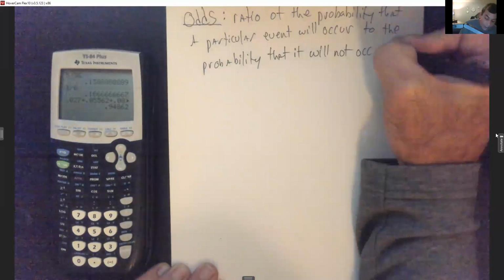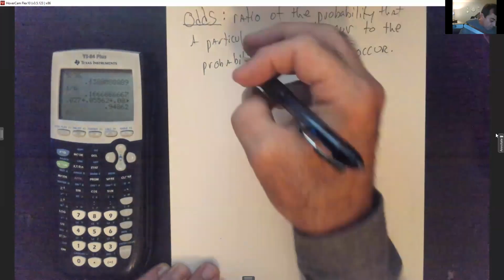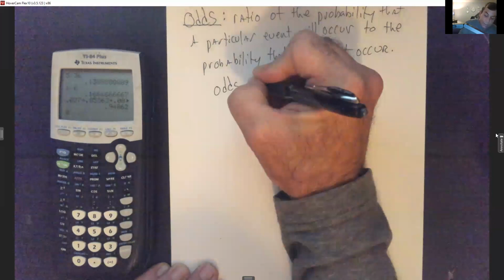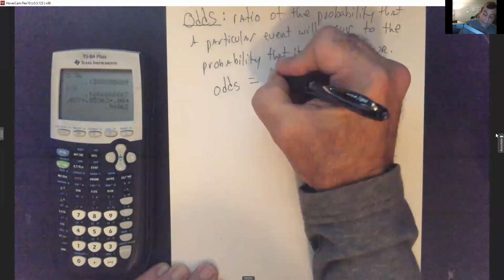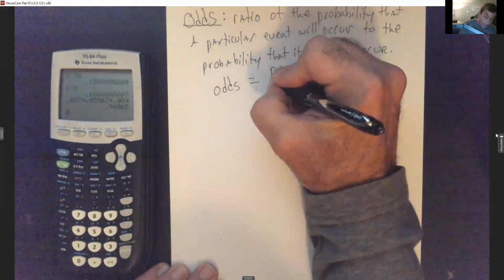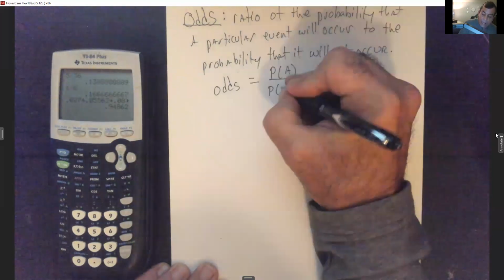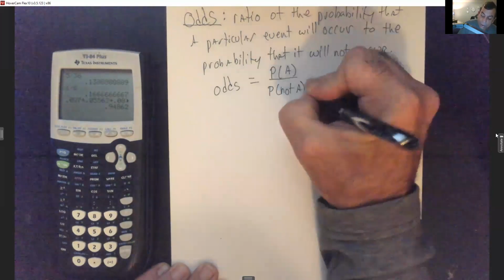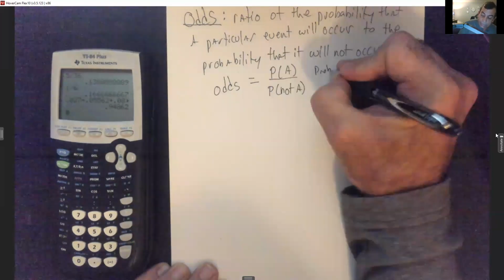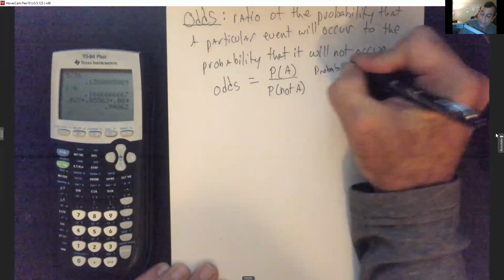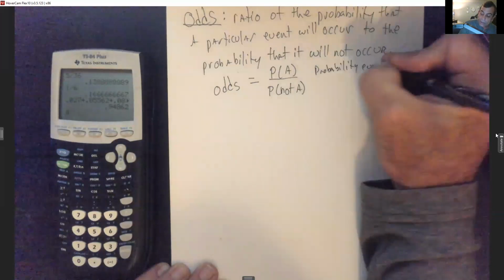Okay, so the odds are going to equal P of A, which means the probability that the event occurs, over P of not A. So this is the probability the event occurs.